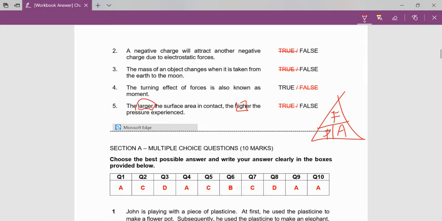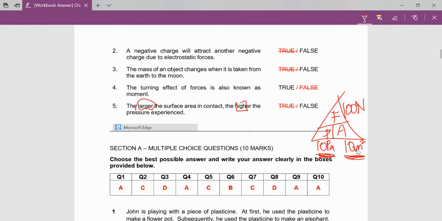So if you don't really agree with it or are not convinced, you can just put in arbitrary numbers. Okay, let's say the pressure is 10 pascals, area is 10 meters square, the force is 100 Newton. So let's say for surface area of 10 meters square, the pressure is 10 pascals.